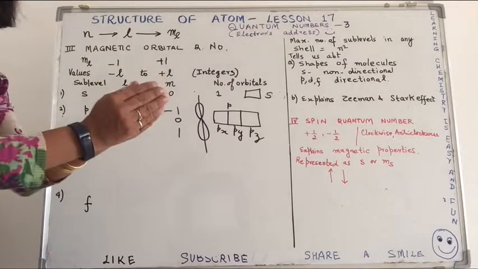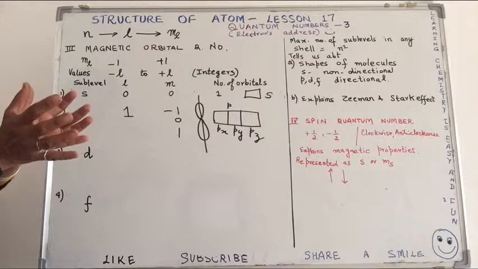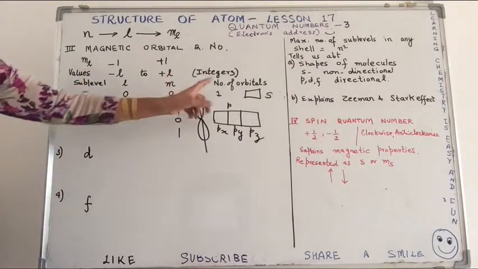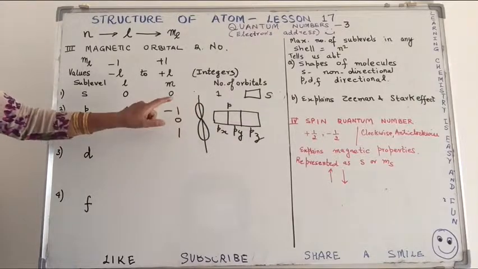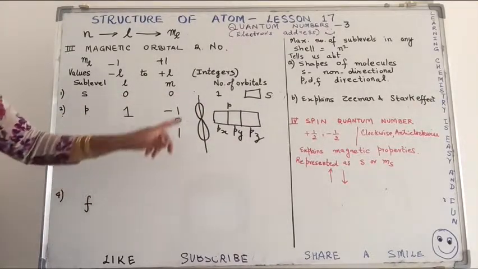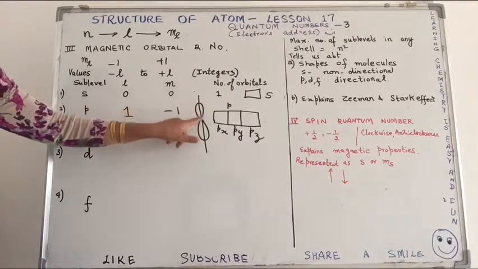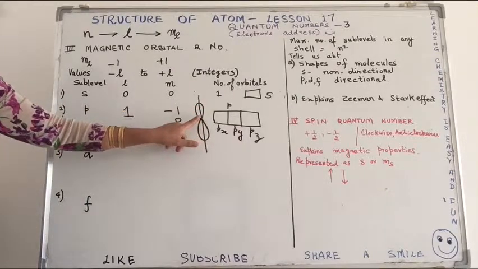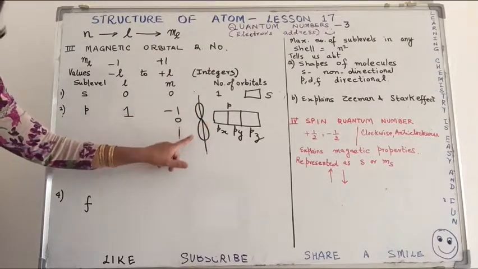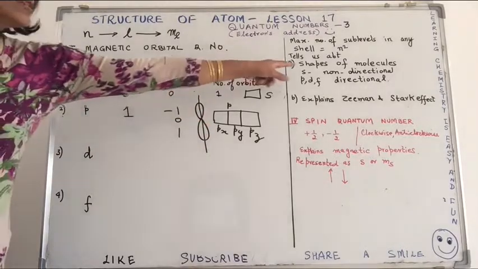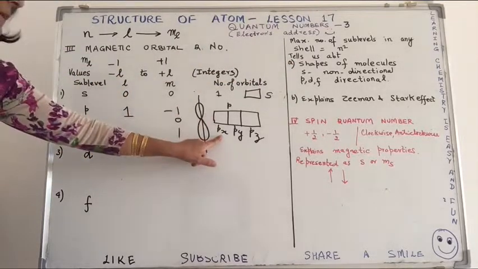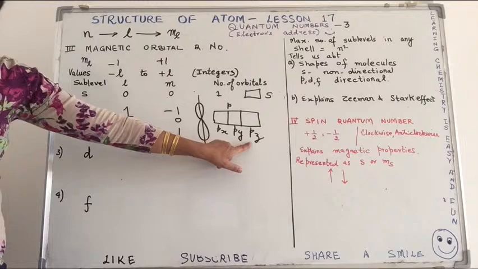Anything round will have no direction. It is symmetric, spread equally, so it doesn't have any specific direction. On the other hand, in the case of P, D, F, the orbitals are defined along definite axes. That is why they have directional characteristics and help to define the shape of molecules. So the P sublevel has 3 orbitals.